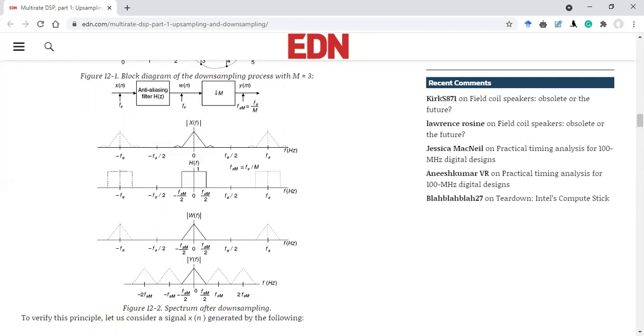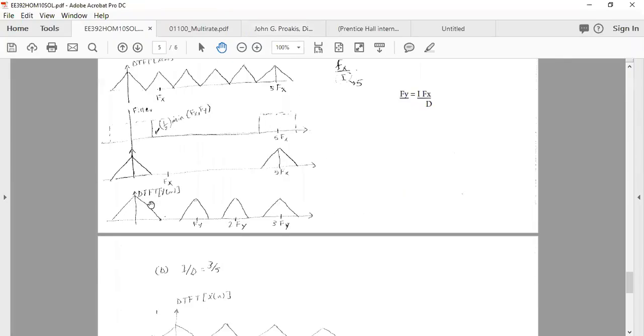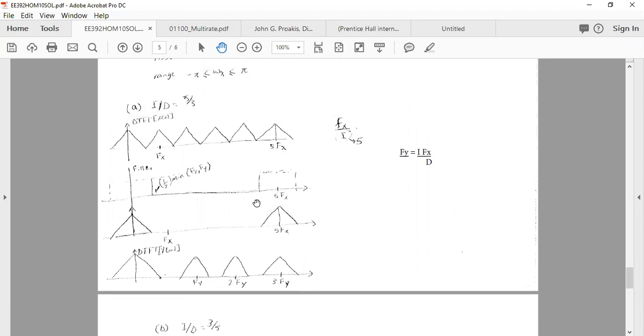So if we go back to our particular question, you can see that this output will now repeat itself and be evenly distributed in terms of the y frequency, or normalized frequency Fy, right? So that is basically multiplying 3 with Fy, right?